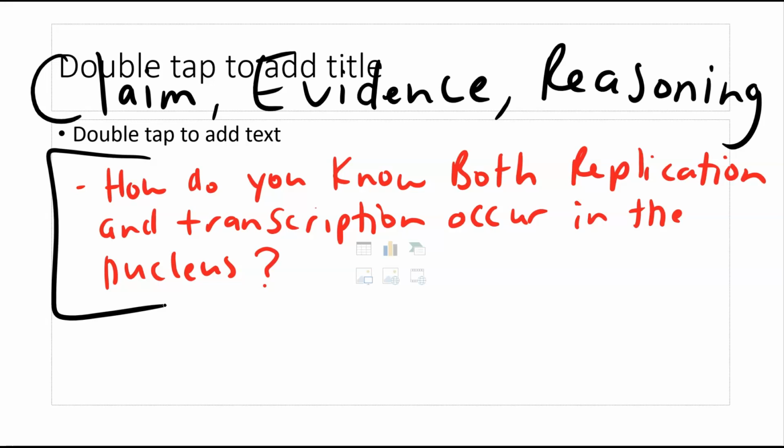Well, DNA never leaves the nucleus. It's always stored there. And the reasoning for that is, if a cell loses its DNA, the cell will die. So the reasoning is that the DNA stays inside the nucleus and never leaves. So any process that uses DNA as a template is going to occur in the nucleus.